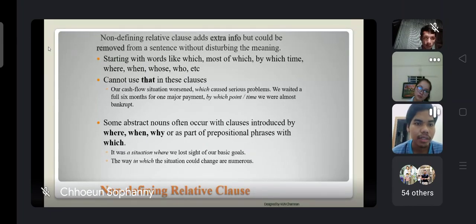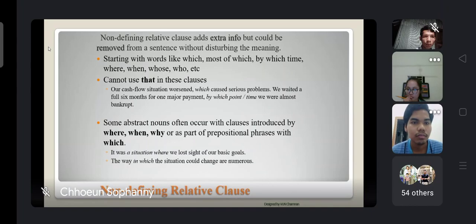And another instance is the way in which the situation could change. Yes, in which is part of the prepositional phrase. And the abstract noun over here is the situation.